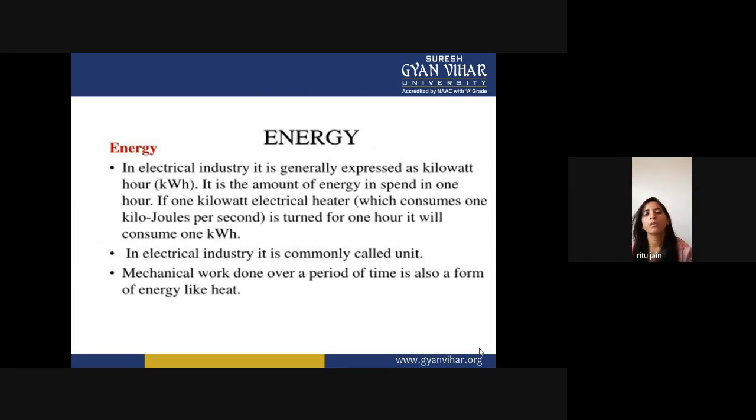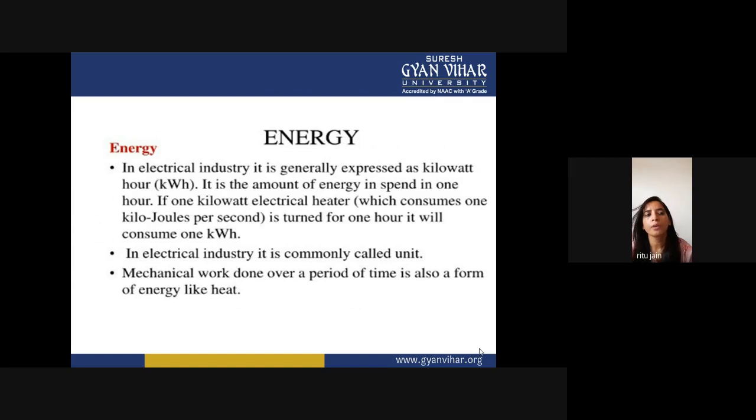Suppose you have 10 bulbs in your room, and the rating of each bulb is 100 watt. If you turn on these bulbs for 1 hour, how much energy will be consumed? 10 bulbs of 100 watt, so 10 into 100 watt, it will be 1000 watt in 1 hour, or you can say 1 kilowatt hour.